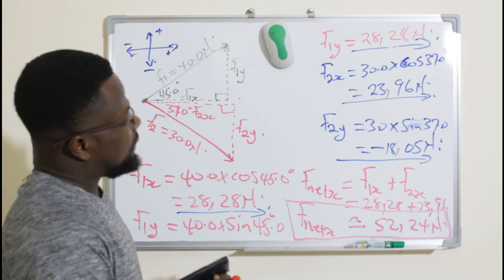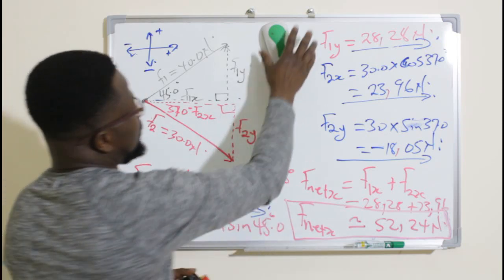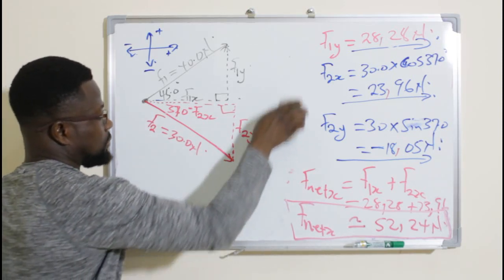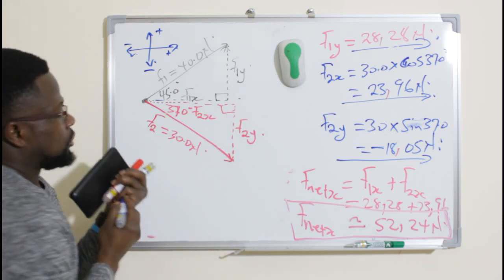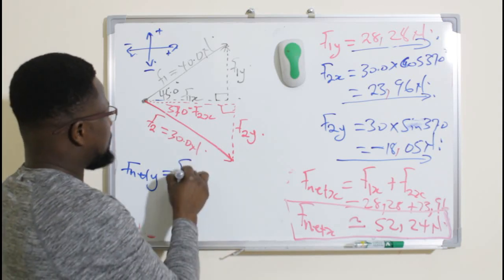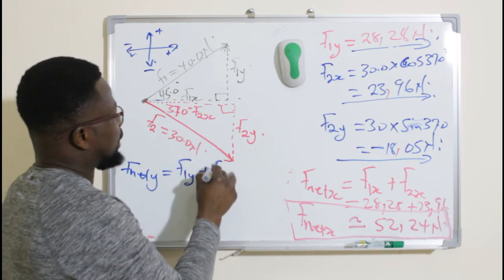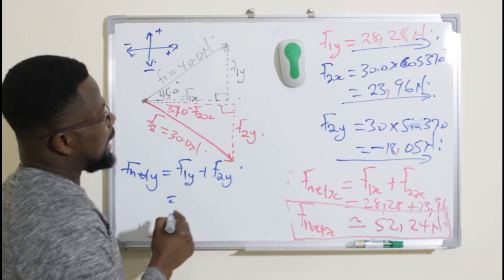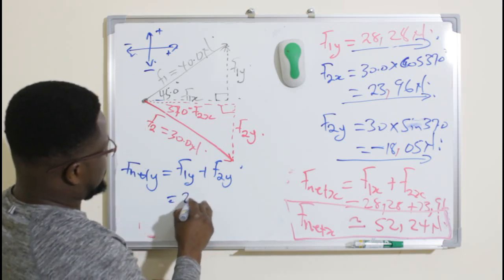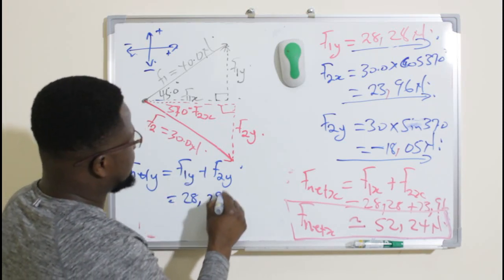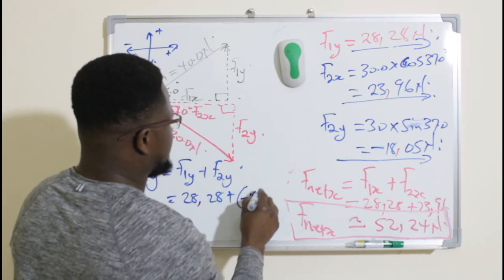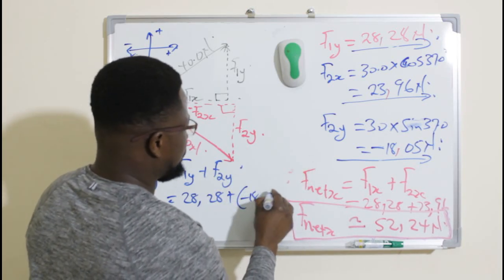I need to find the F net in the y direction. So I am going to clean the side and make use of that. My F net in the y direction is going to be my F1y plus my F2y. The F1y is 28.28 plus F2y, which is negative 18.05.